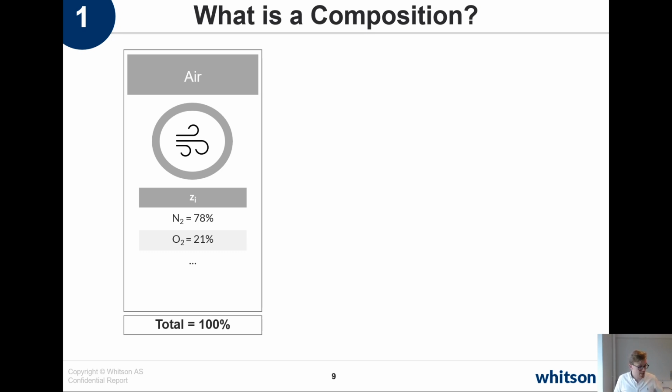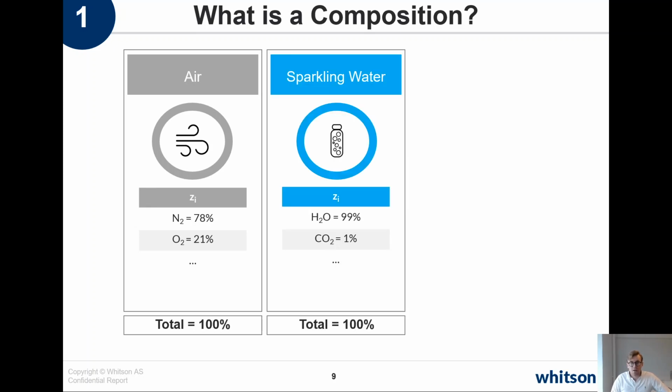Trying to relate this to day-to-day life, we know that air is composed of nitrogen, oxygen, maybe something else, and it totals up to 100%. Sparkling water, we know, contains mostly water, a little bit of CO2, and it also adds up to 100%.